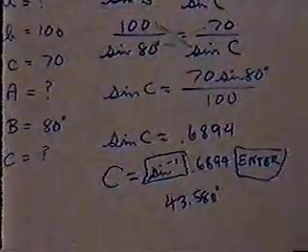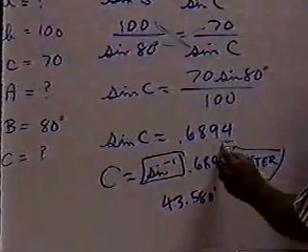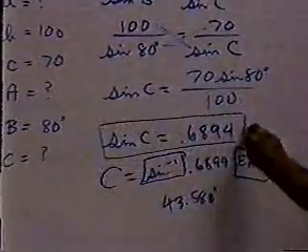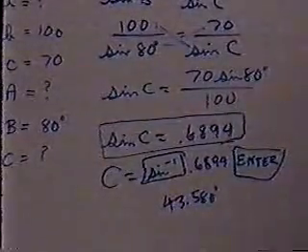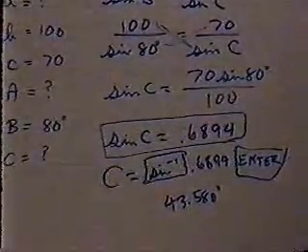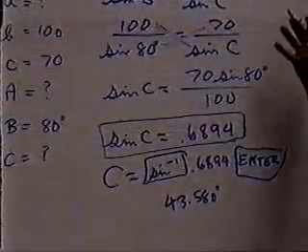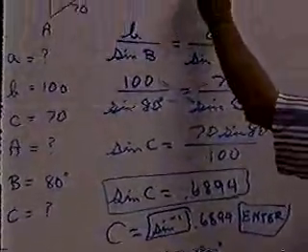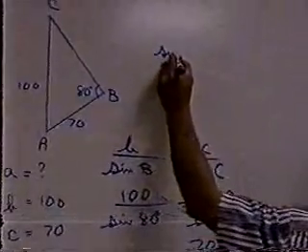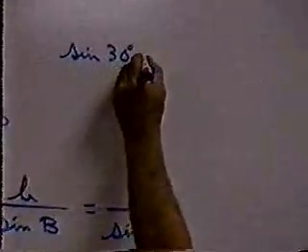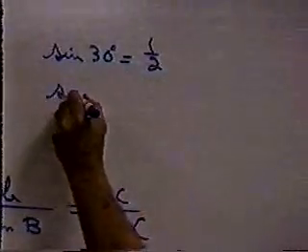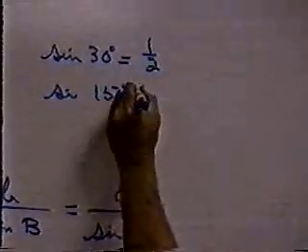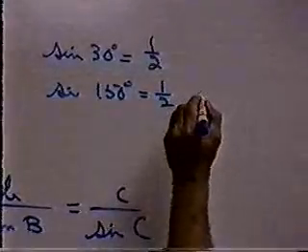Please listen. Here's the catch to the law of sines. When finding an angle, you must remember chapter 1. Let's look right up here, for example. What is the sine of 30 degrees? Sine of 30 degrees is 1/2. What is the sine of 150 degrees? Sine of 150 degrees is 1/2.